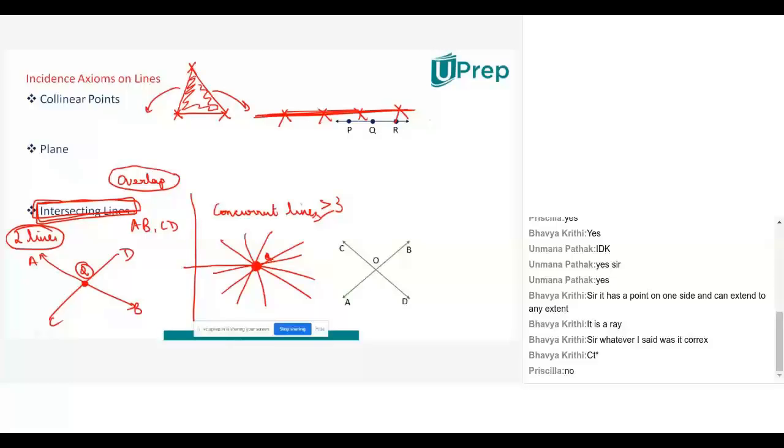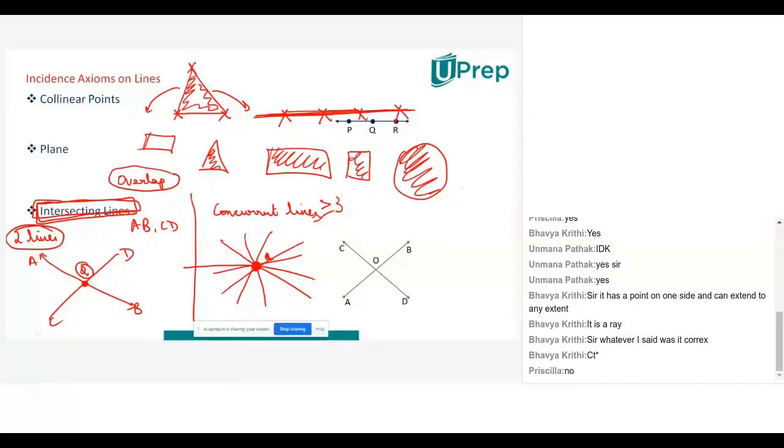We need something that is closed. Circle, square, rectangle, triangle, trapezium, parallelogram, etc. Because they enclose something in between them, right? That is how you can determine the area. Length into breadth, side to side, right?